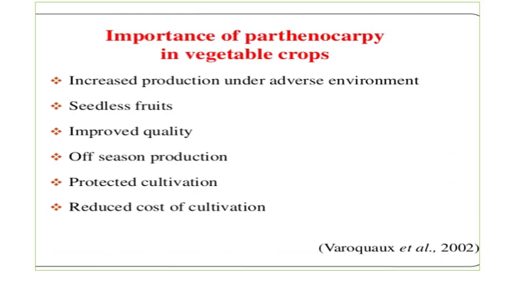Importance of parthenocarpy in vegetable crops. Parthenocarpy is an important trait for improving the yield, quality, and processing traits of vegetable crops. This trait proved highly useful in greenhouse cultivation, particularly cross-pollinated vegetable crops. It is an established fact that phytohormones play an important role in fruit setting.